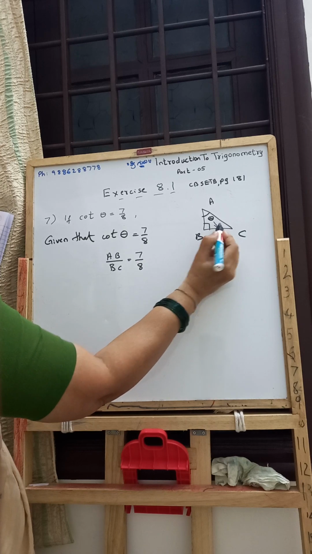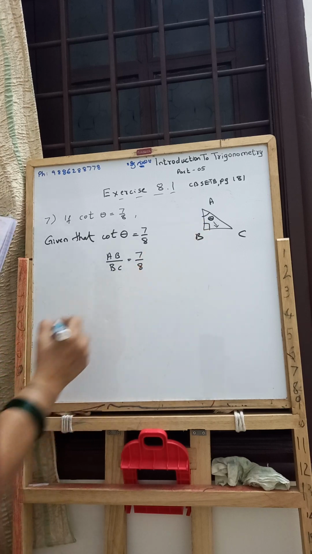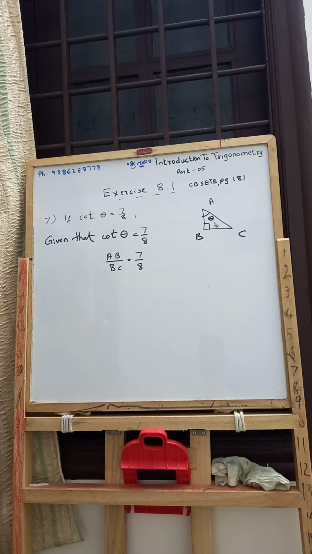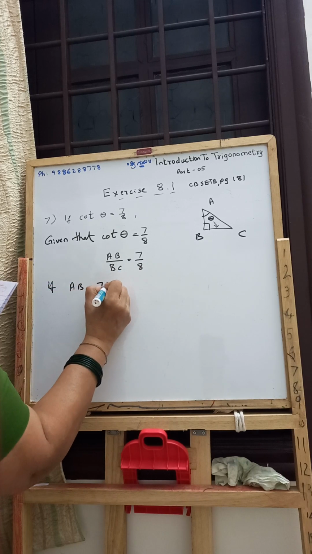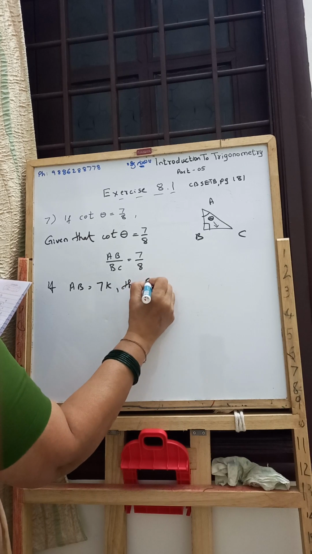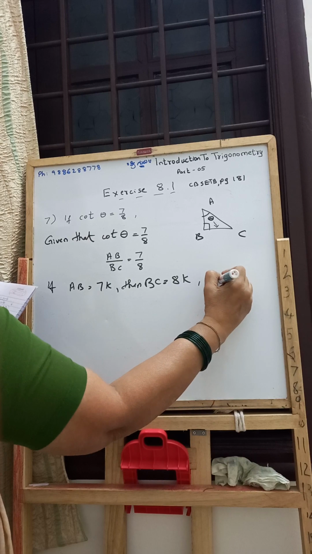Therefore, AB upon BC is equal to 7 upon 8. If AB is equal to 7K, then BC is equal to 8K for some positive number K.